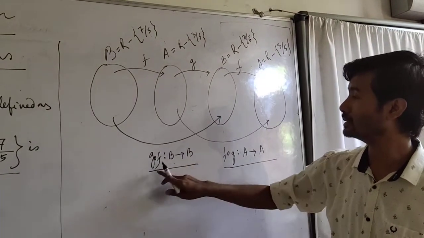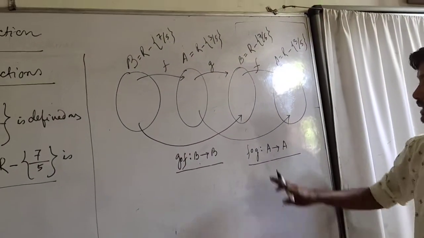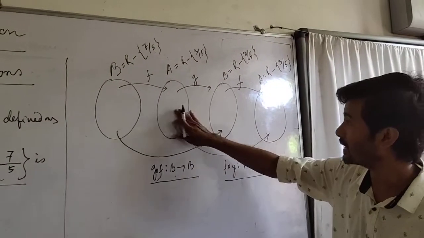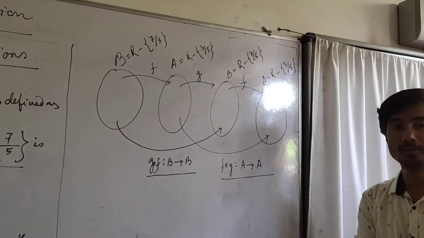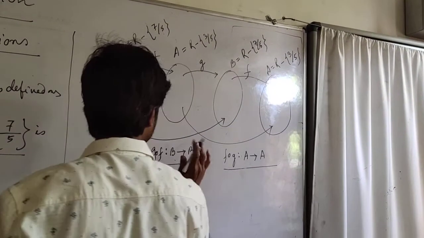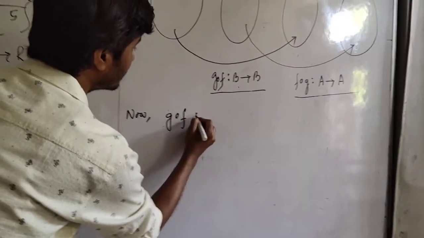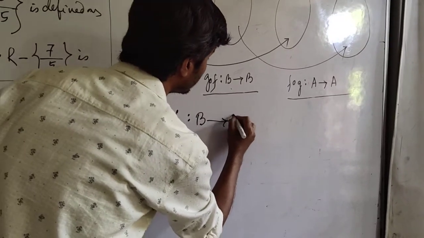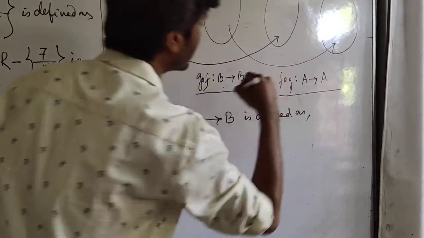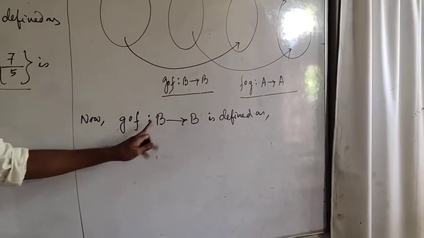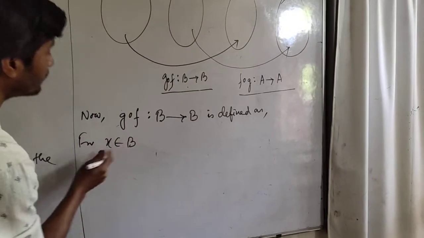Now our task is to establish that the function GOF, which we get from B to B, is an identity function, and the function FOG, which we get from set A to set A, is again identity. So what will we do? First we take the function GOF. Now GOF, that is a function from set B to set B, is defined as follows: for x belongs to B. Why have we taken x belongs to B?